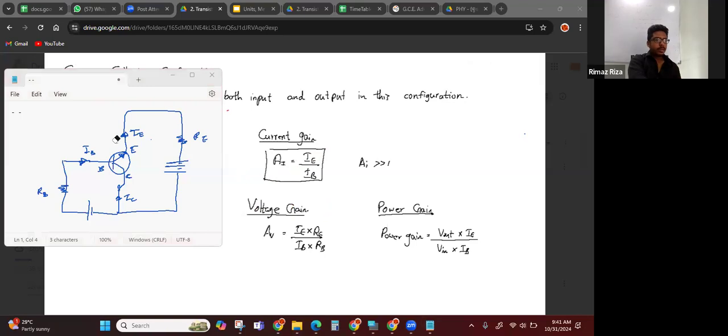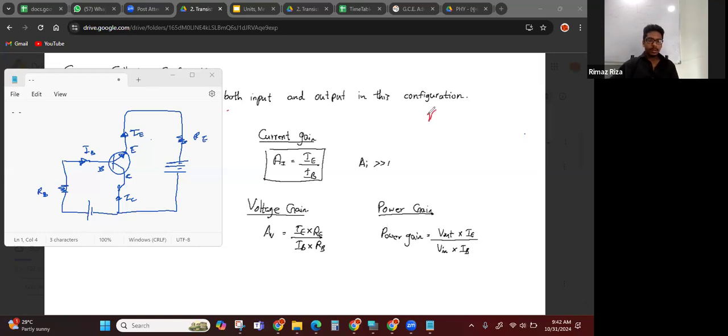And then voltage gain. Voltage gain is output voltage divided by input voltage. Here we can use Ohm's law: V out is IE RE, and V in is IB RB. So here also we can get a good voltage gain. Power gain is given by V out into I out divided by V in into I in.